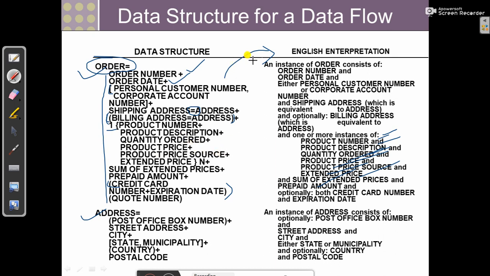So the whole instance of order will include this. First it will include this, where either means we have to provide from this square bracket. That is why this is a data structure format. It might be different in different cases, but for understanding, this is the example and how we can interpret it in English meaning.